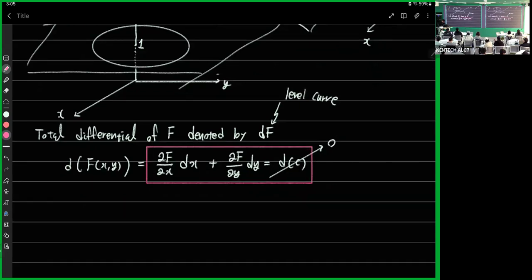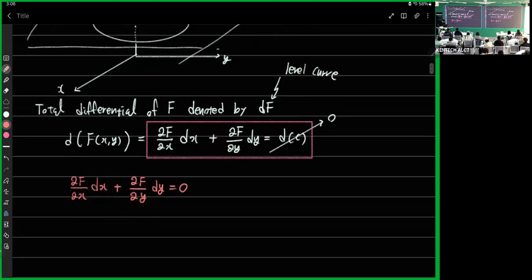So finally we got partial f partial x times dx plus partial f partial y times dy equals 0. A differential equation of this form is called an exact differential equation.